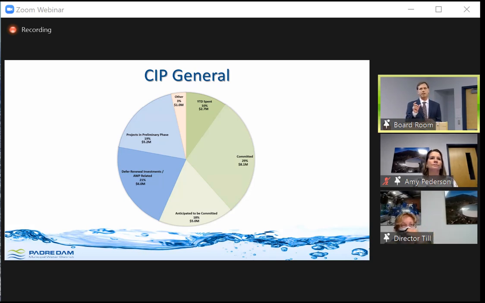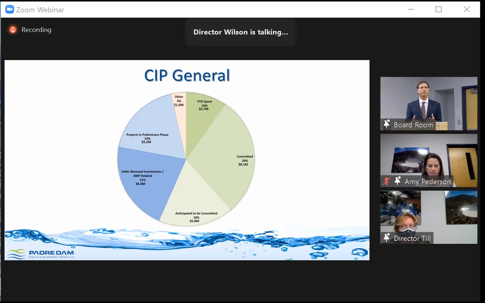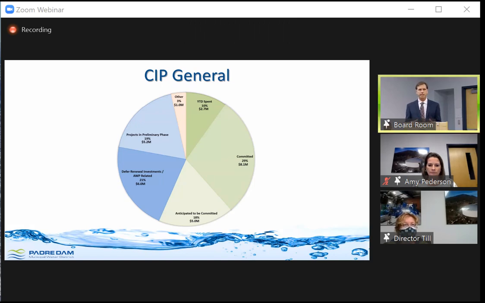Now, the final lighter portion of the pie was allocated for projects that are working their way through the engineering process. They're in the preliminary phase. They're not projects that are completely stalled. We're still moving them forward. But we don't anticipate that that budget will be utilized or committed by the end of this plan. There are a few projects highlighted in the agenda packet.